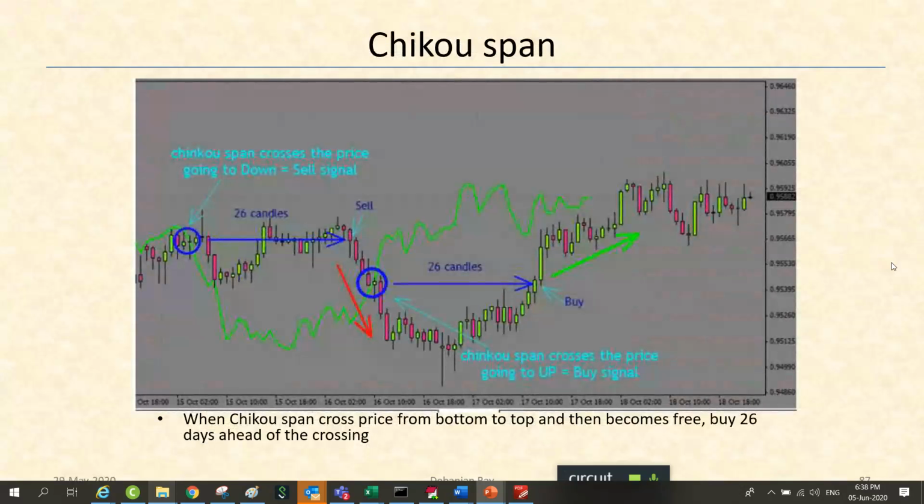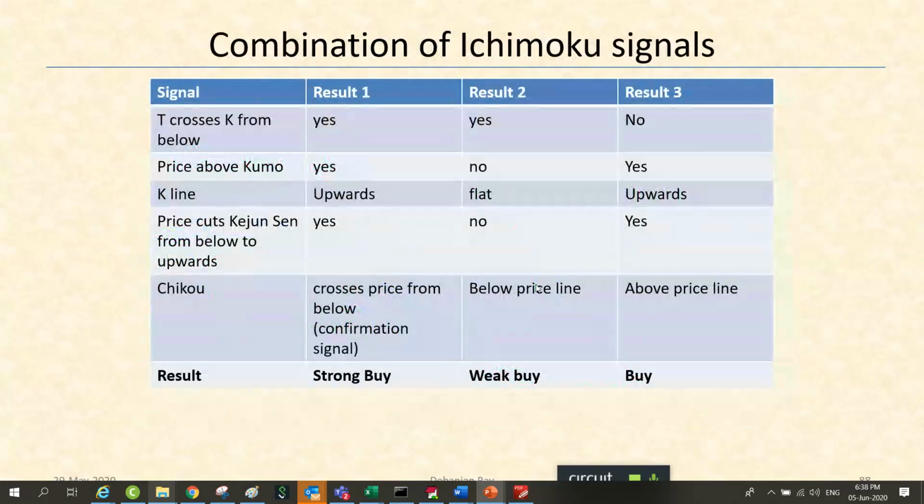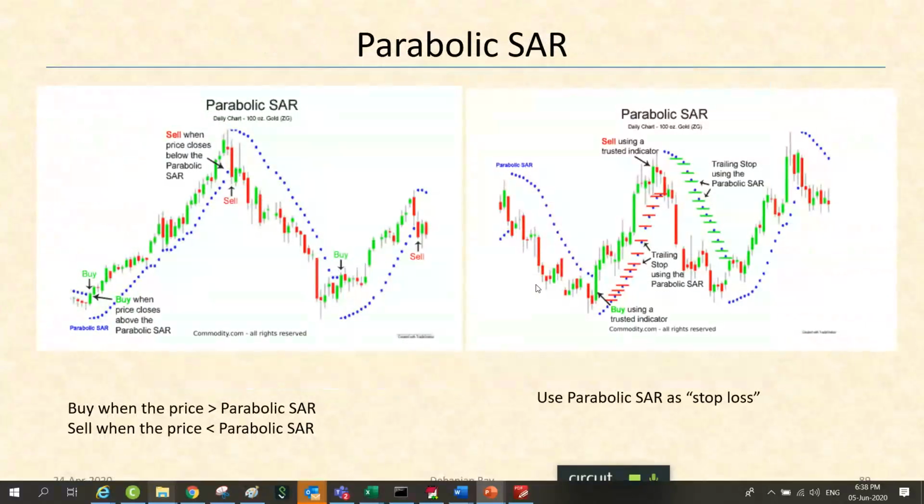And we knew a confirmatory signal, which is the Chikou span. If the Chikou span is cutting from the bottom to up, then you go ahead, 26 candles, and that day you can buy it. So the combination of the Ichimoku also we have seen. We have seen the parabolic SAR. This is a new slide I explained, but I did not add.